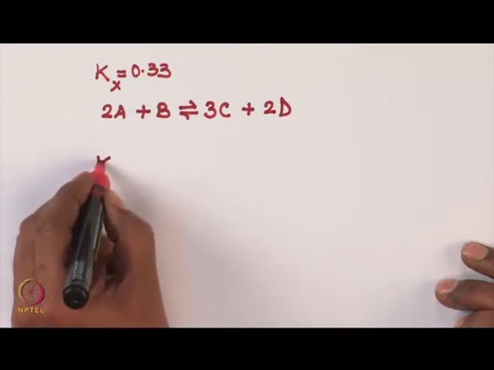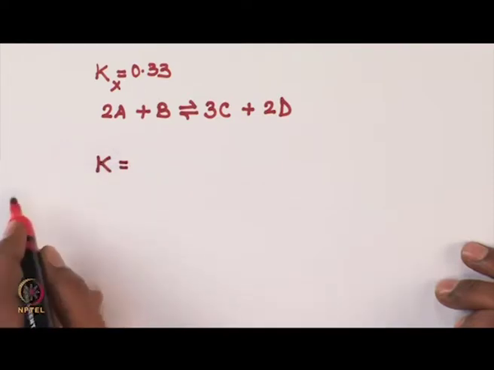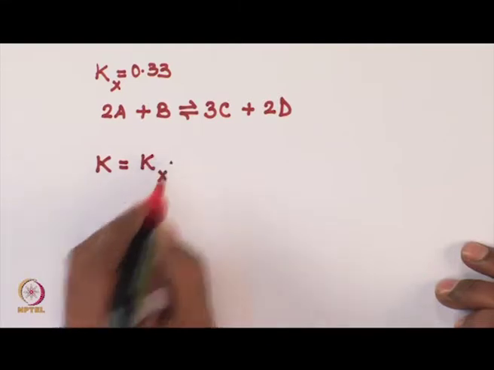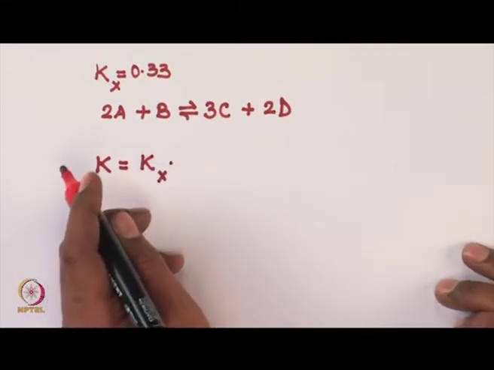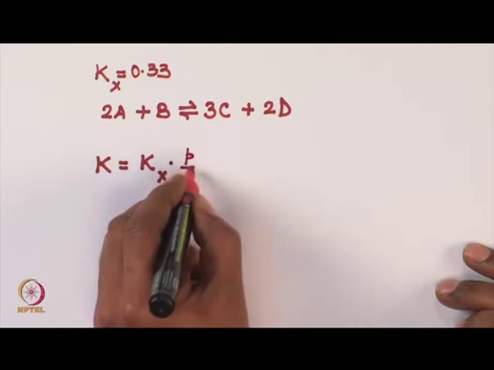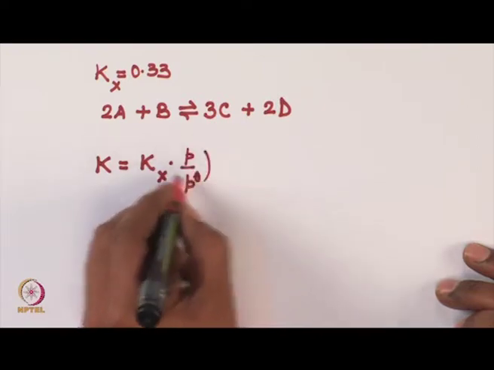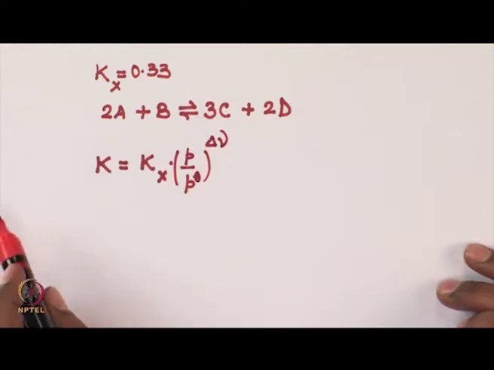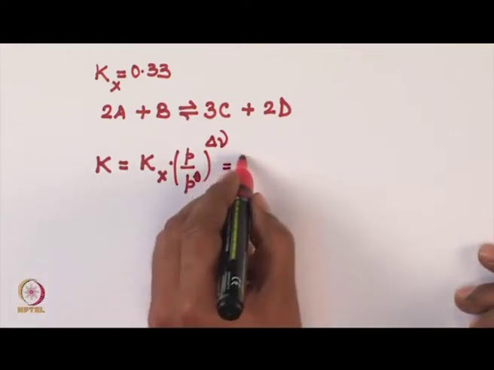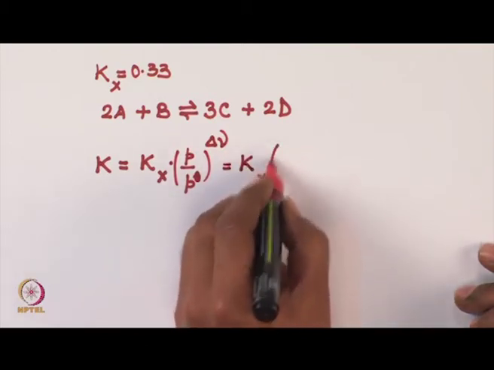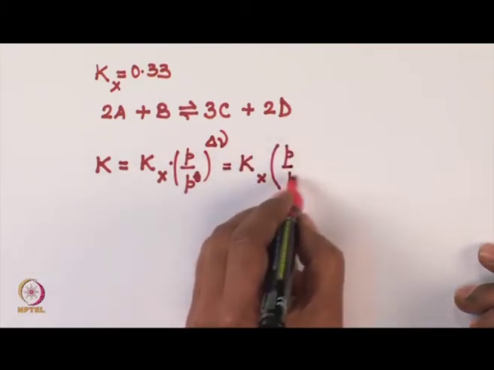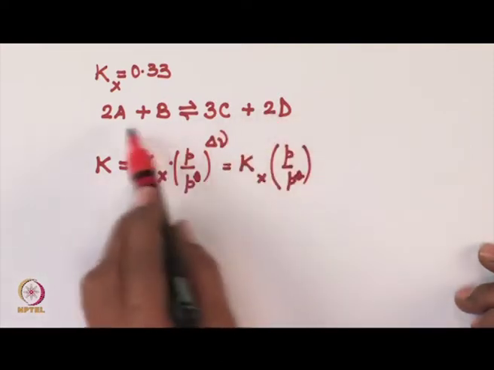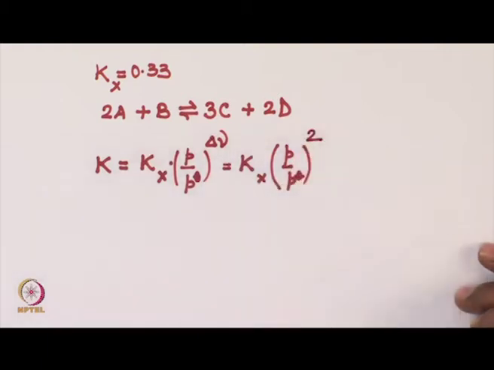In the previous lecture we derived this equation: K is equal to Kx into P by P naught raised to the power delta nu. Delta nu will be 3 plus 2 is 5, 5 minus 3 is equal to 2.